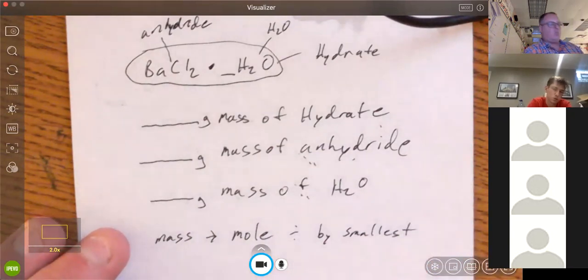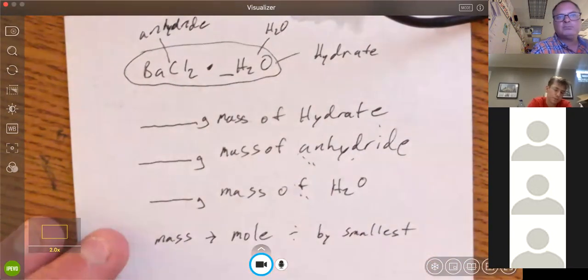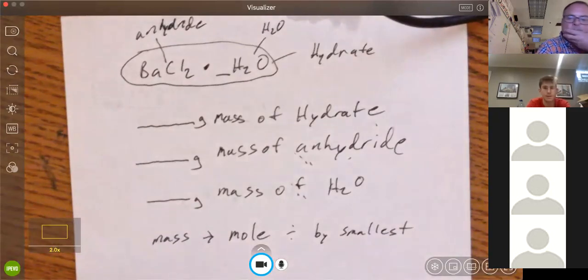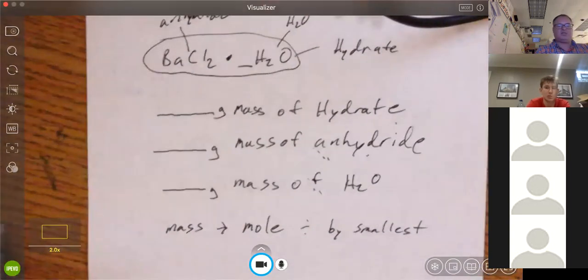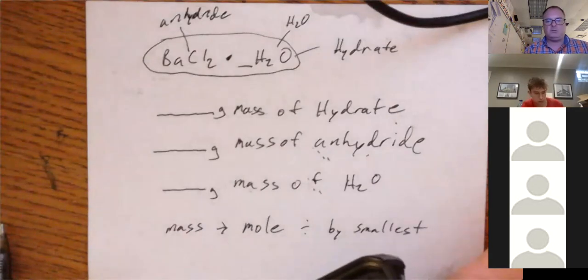And that should give us a 1 to something ratio. Questions there? It's pretty self-explanatory. Let me just show you the layout of the lab because it is a little bit different than we might be used to.